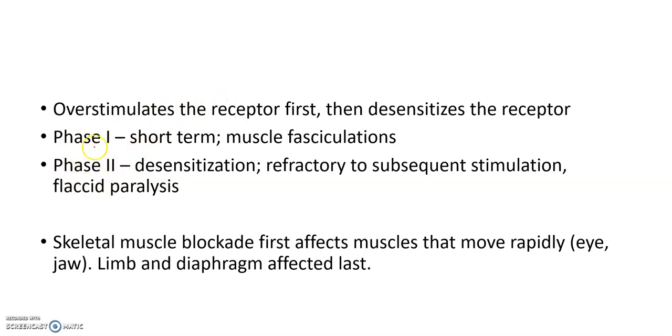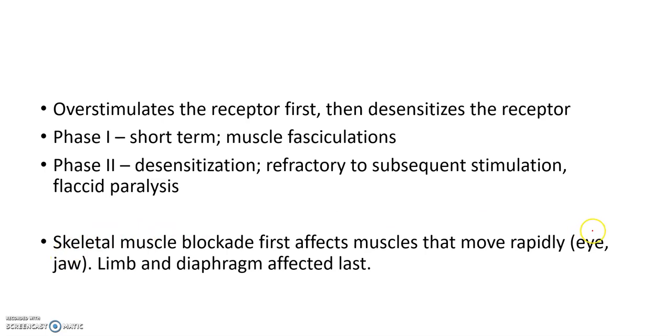So in phase 2, we have desensitization, and they will become refractory to subsequent stimulation, and we will have flaccid paralysis of the muscles, so they become weak, they become paralyzed. So in terms of the sequence, the muscles that move rapidly, the eye and the jaw, will be first affected.